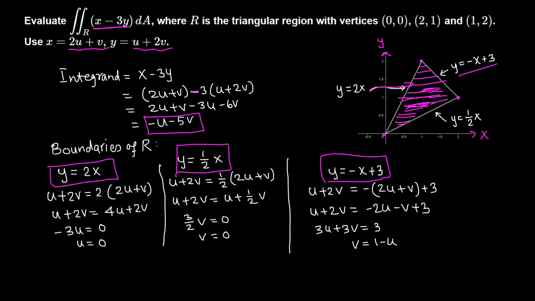So let's graph the new region with u equals 0, v equals 0, and v equals 1 minus u. At the same time, the integrand becomes easier as well. In this case it's about the same, but let's look at the region. If we think of u as x and v as y, then u equals 0 means the v axis, v equals 0 means the u axis, and v equals 1 minus u is like y equals 1 minus x.